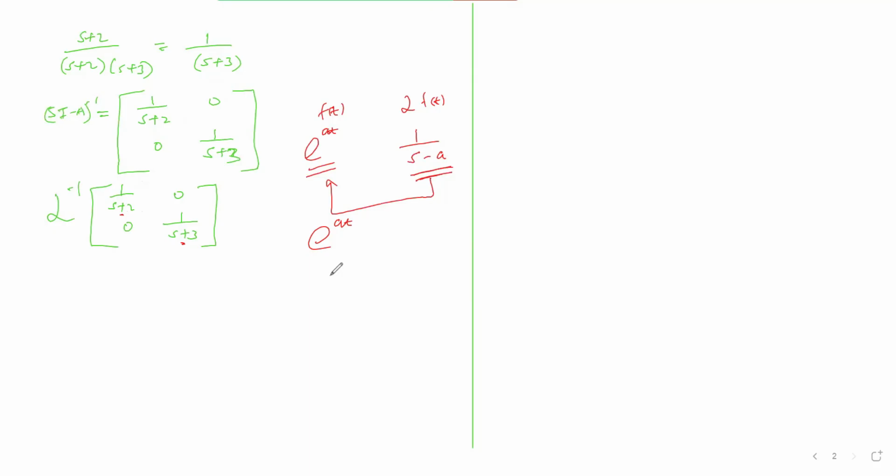Such that, for instance, 1 over s minus, so ndo hapa katikati ikuwe positive, inamaanisha my value of a must be a negative. Do you see that? Yeah. Umeona? Hii value lazima ikuwe negative, ndio hapa katikati sasa hii ikuwe ni 1 over s plus a, si ndio? Now, ukiangalia ukicompare these two, hii ni 1 over s plus 2 na 1 over s plus 3. So the value of a is hii 2 yenye iko hapa, but negative.